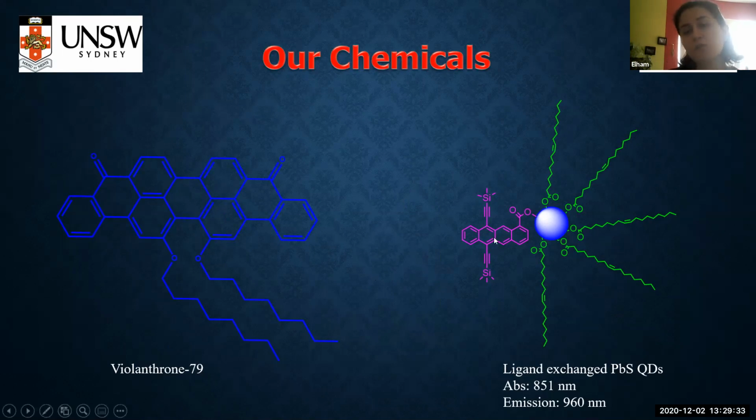The molecule on the right side is PbS quantum dots, on which we did some ligand exchange. This is not the one we use to absorb below the silicon band gap, but today I'm using these two to explain part of the work.